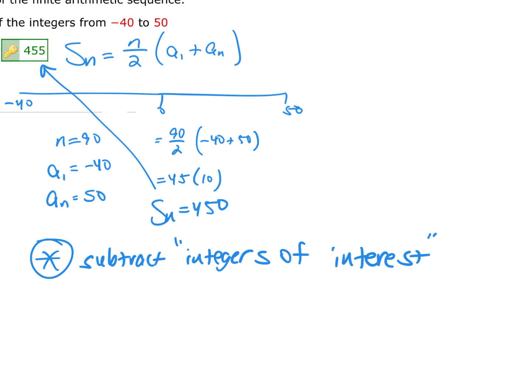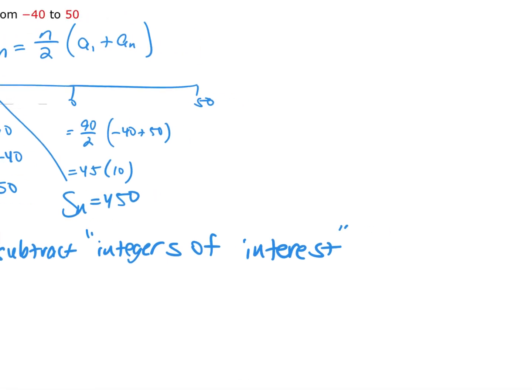So you subtract integers of interest, then subtract 1. When you are including the number on one end and the number on the other, you have to subtract the integers of interest, then subtract 1. Negative 40 minus 50 is what? Negative 90, so then minus one more, negative 91.